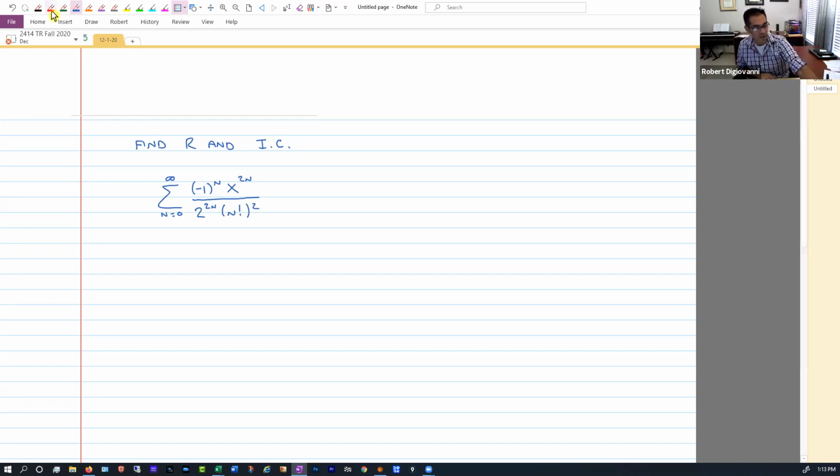This is actually a famous series. It's a function, so long as there are some x values that make it converge. This is known as the Bessel function. Bessel functions are used to model things that vibrate.